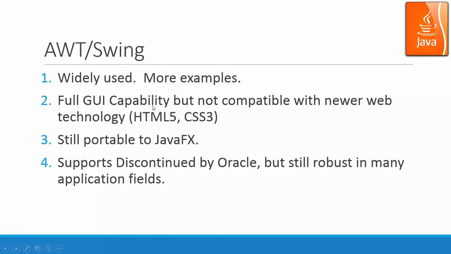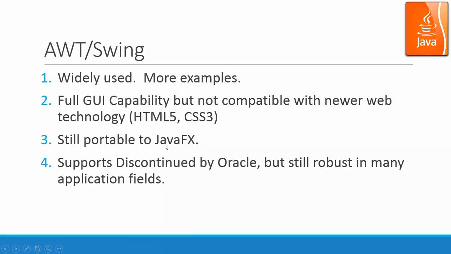They have full GUI capability but are not compatible with newer web technology such as HTML5 and CSS3. So that's why JavaFX got invented. But JavaFX is not widely used, and it is not completely backward compatible, so it's not so popular.